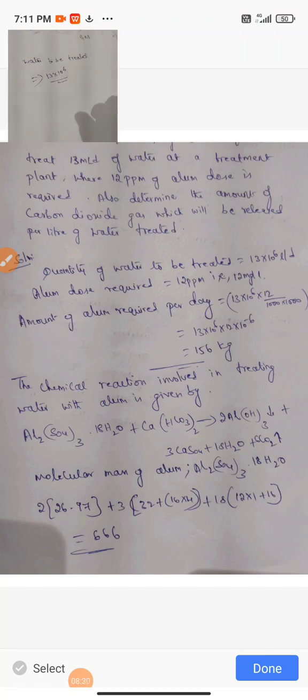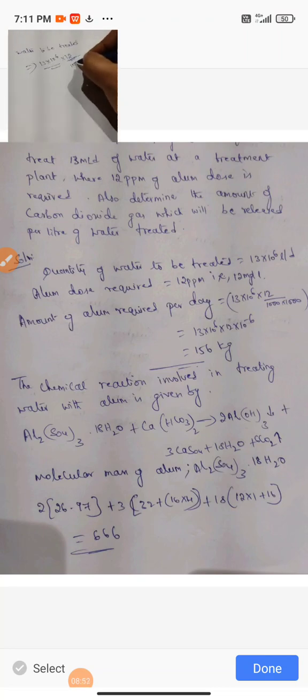Alum dose required is 12 milligrams per liter. So per liter it is required 12, but it is in terms of milligrams per liter, mg per liter. That mg should be converted into terms of kg.